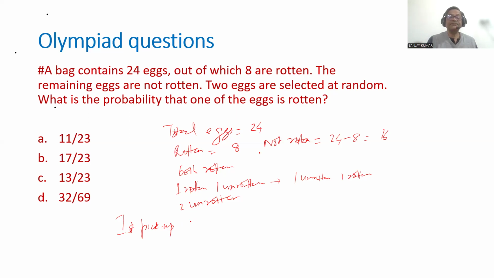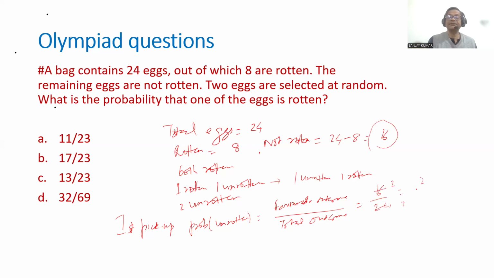The probability of unrotten is favorable outcome divided by total outcome. So how much will the favorable be? 16 unrotten, so 16 divided by the total outcome, which is 24. So this is 8 2s are 16, 8 3s are 24. This is 2 by 3.